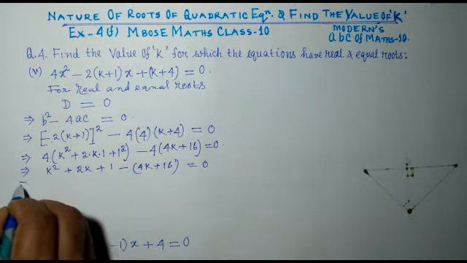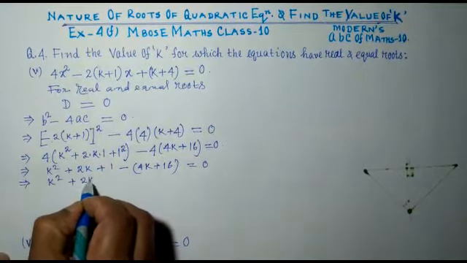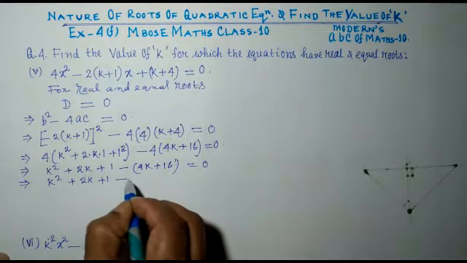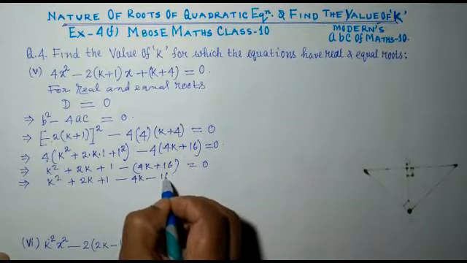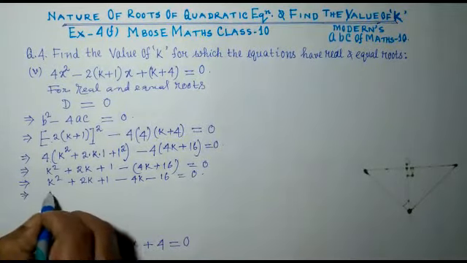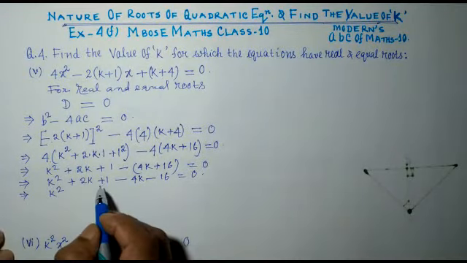So now next is k square plus 2k plus 1. Complete this multiplication. Minus 4k, minus into plus is minus 16 is equal to 0. Here k square, so add and subtract the similar terms.